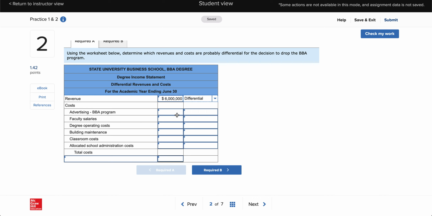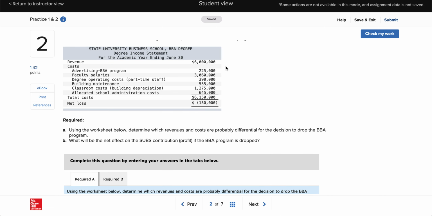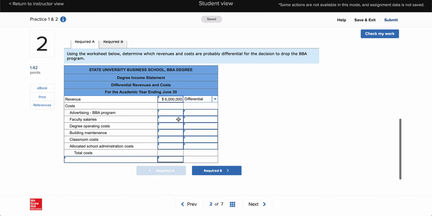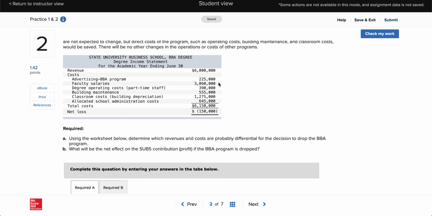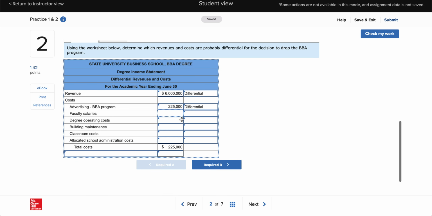The advertising for the BBA program. Well, they have it listed here at $225, and if we're not running the program, we will not be advertising it. So that one is differential. The faculty salaries here are listed at $3,060,000. We're not running the program. We don't need faculty.